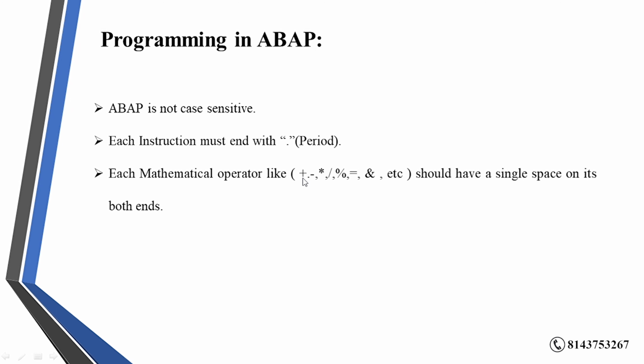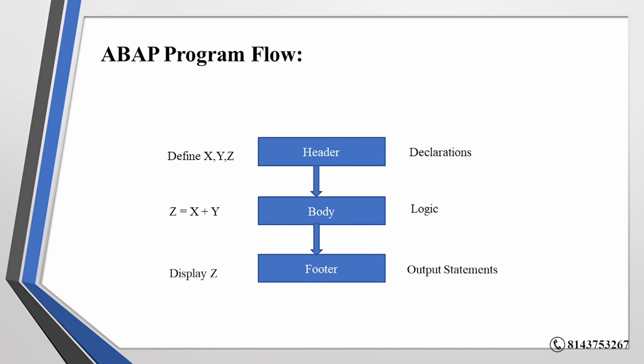That means when you are using the addition operator a plus b, you need to write a space plus space b so that it will be treated as a mathematical operator. Otherwise, it will be considered a normal string. Clear? Next.